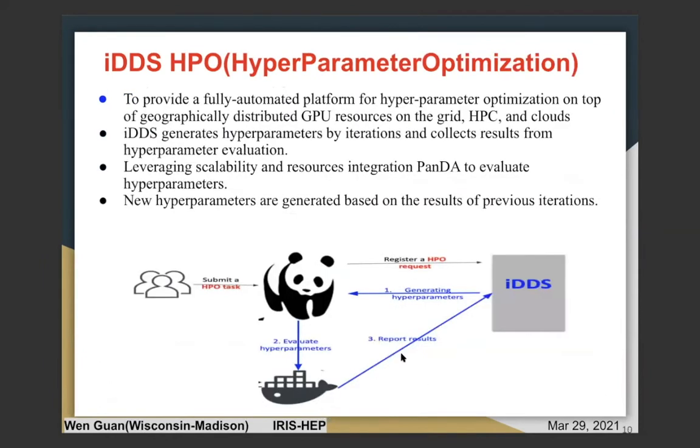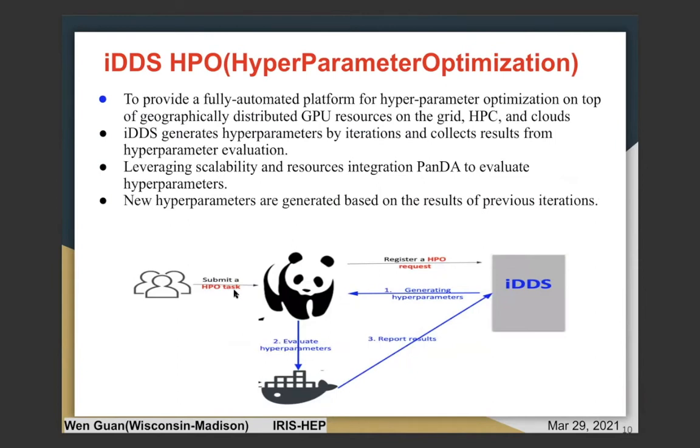The second use case is the iDDS HyperParameterOptimization. For this part, it's designed to provide a fully automated platform for hyperparameter optimization. Here's the structure.